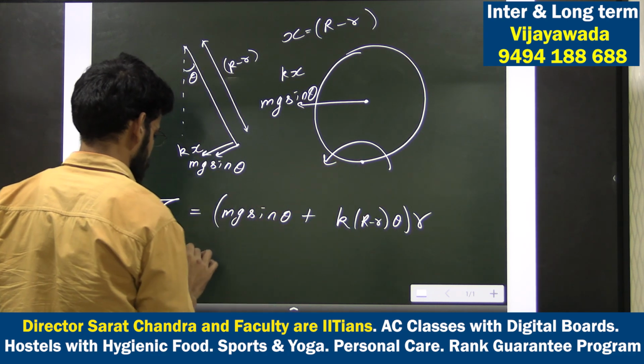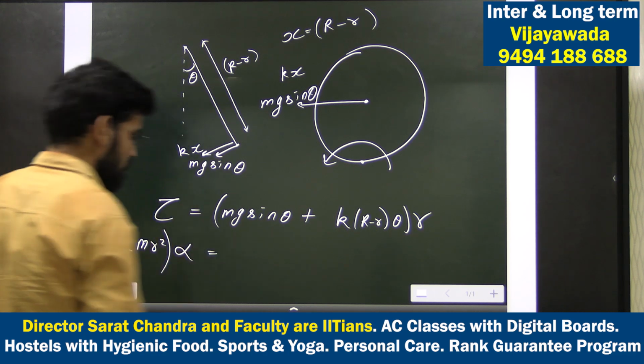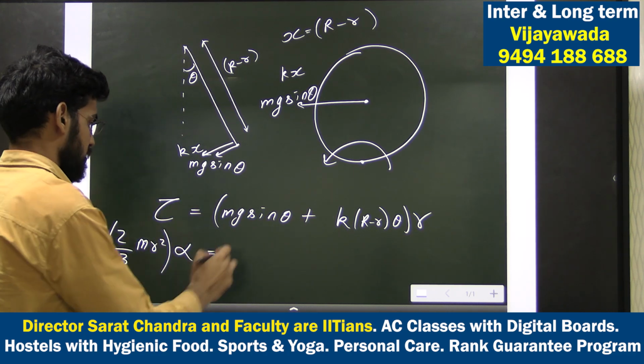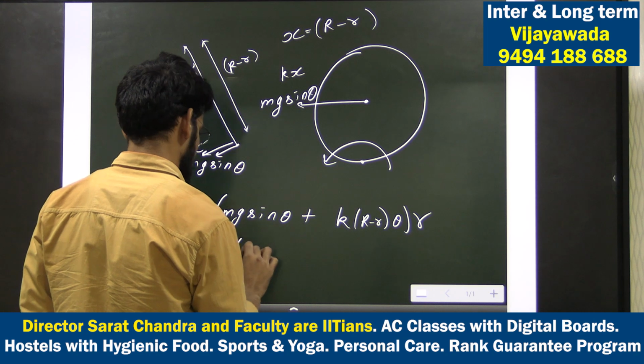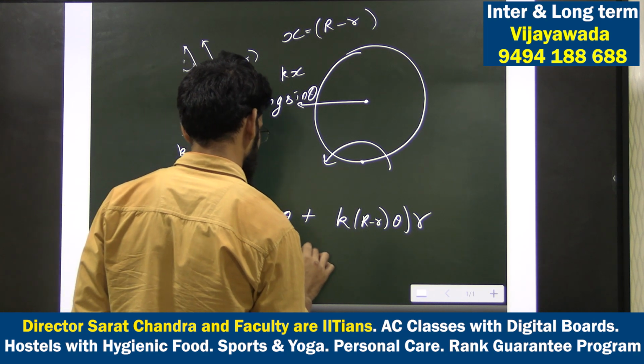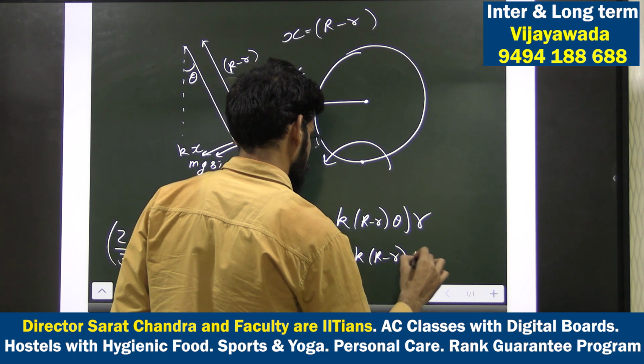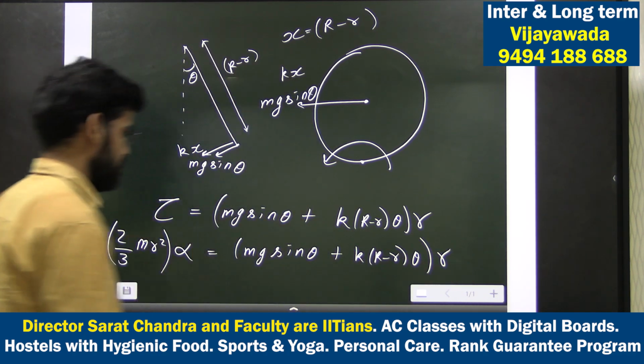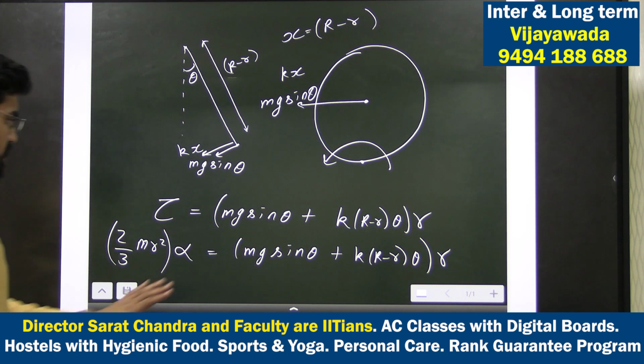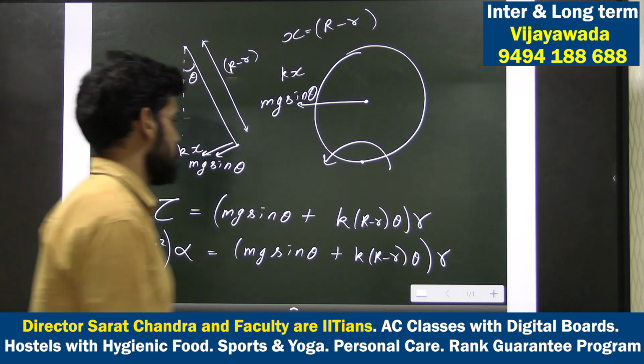Alpha is the angular acceleration, understood? So this is mg sin theta plus k into R minus r into theta into small r. That's it. Leave this expression here only. First understand.